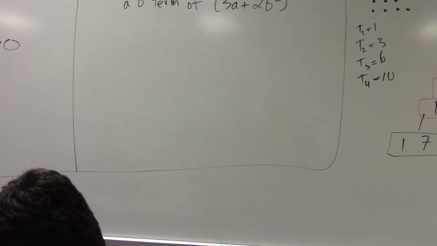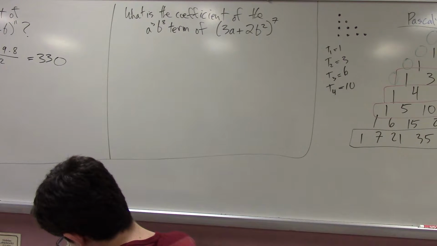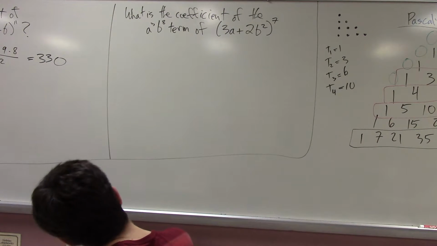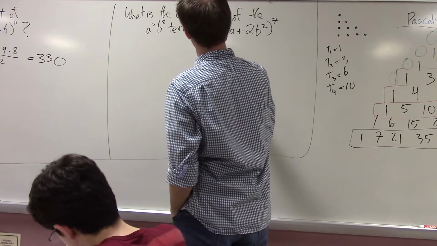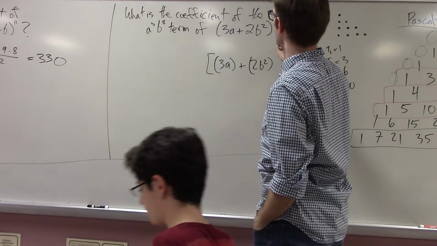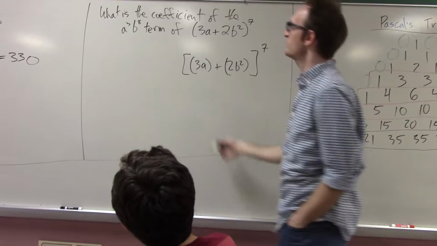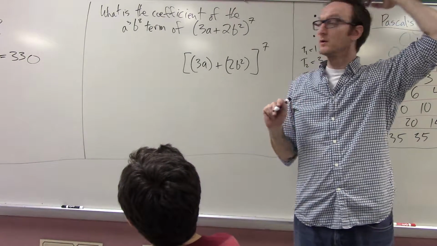You just gotta think. Because when do I get an a? You gotta think of this as 3a is the first thing, and 2b squared is the second thing. When do I get an a cubed, b to the 8th term?